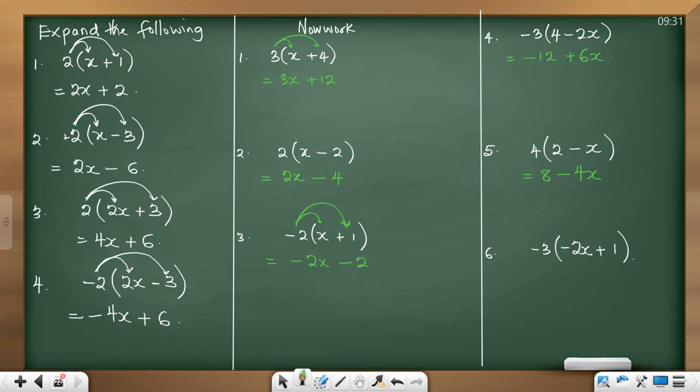Number 6. Negative 3. All right, negative times negative would be what? A positive. 3 times 2 is 6x. Negative times a positive would give us a negative, and 3 times 1 would be 3. Done. So that is how to expand, which we are going to do again.